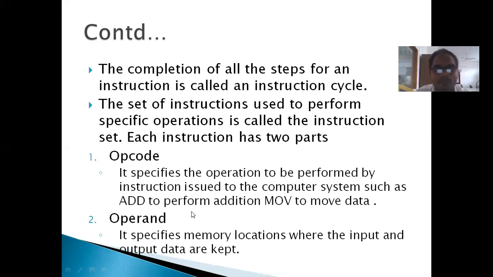Among the two, the first one is opcode. It gives the instruction what to do, what action has to be taken. Now the second one is operand. It specifies the memory location where the input and output data are kept.